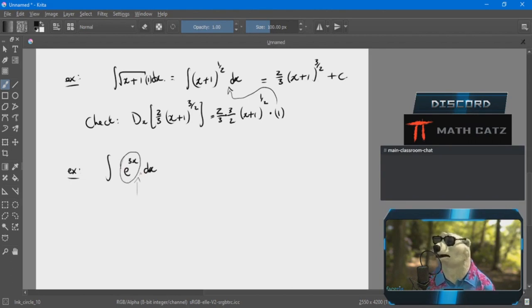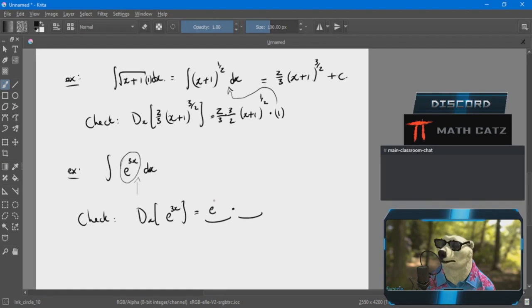Because that second part that I should see, when I reverse the chain rule, I'm going to have a check. I'm going to have e to the 3x. The chain rule says the derivative of the outside function times the derivative of the inside function.